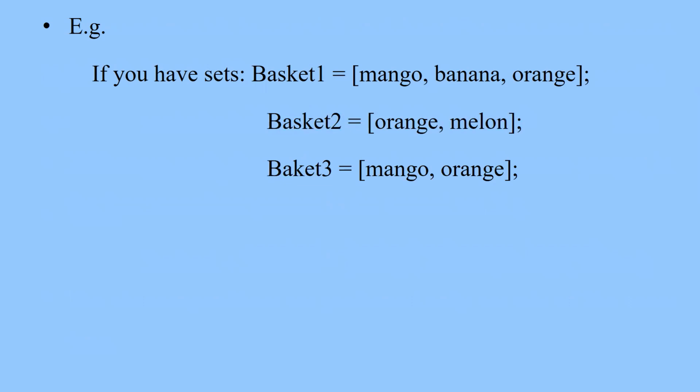So to begin with, the content in the set basket 3 is the same as the content of the members of basket 1, but basket 3 has fewer members than those of basket 1.